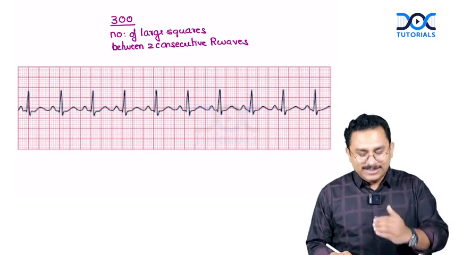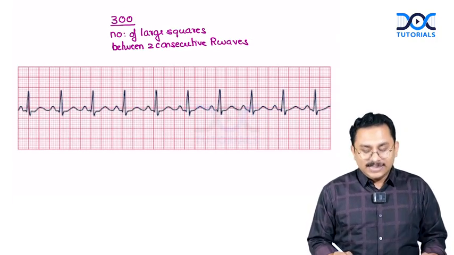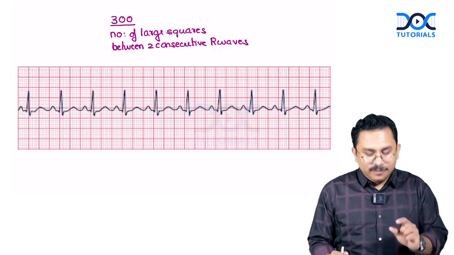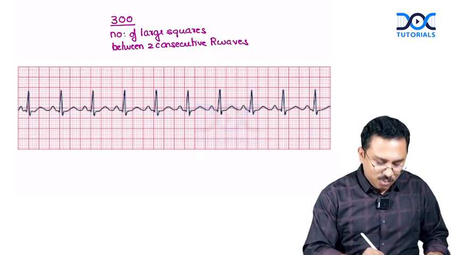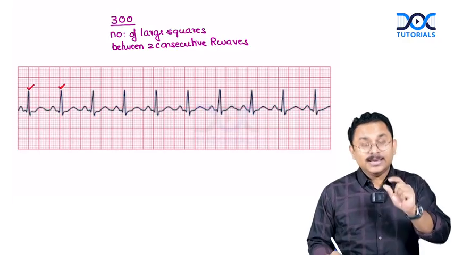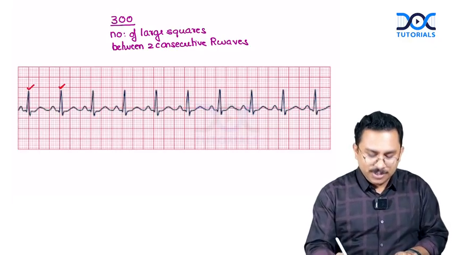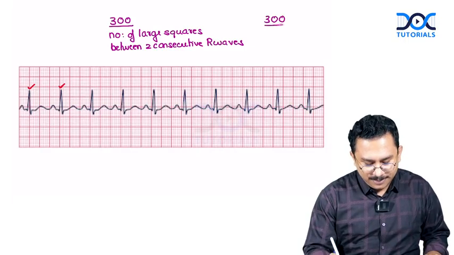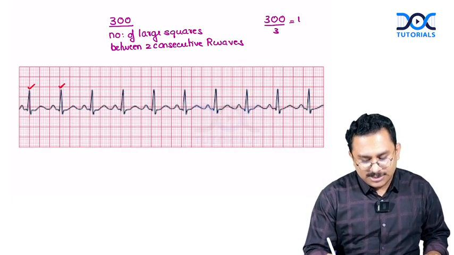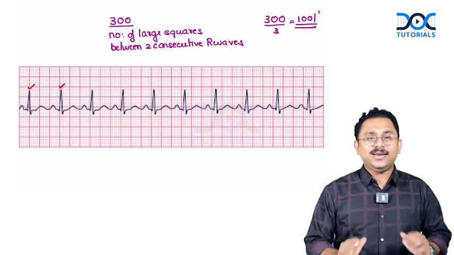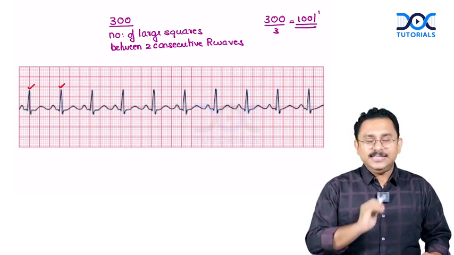So if you look at this ECG strip, which has a regular rhythm, you can see the number of large squares between two consecutive R waves. So I'm marking two consecutive R waves, between which you can see three large squares. So what is going to be the heart rate here? 300 divided by 3 large squares, which is 100. Okay, this is 100 per minute is the heart rate that is derived from the ECG.